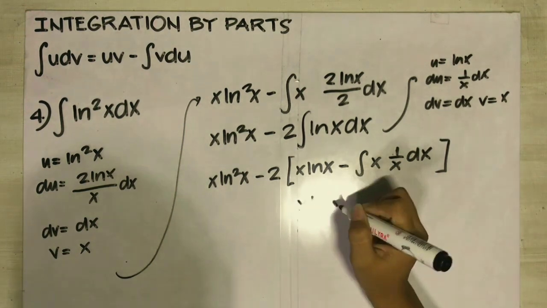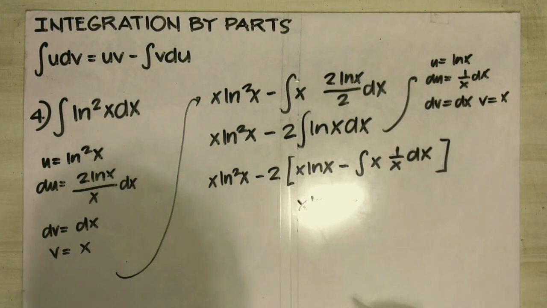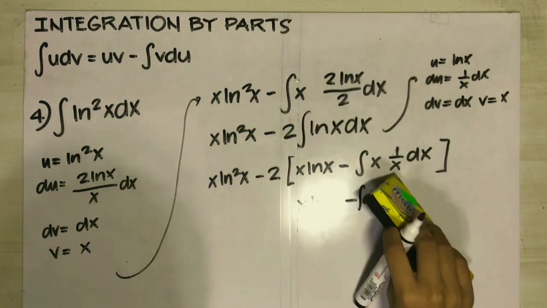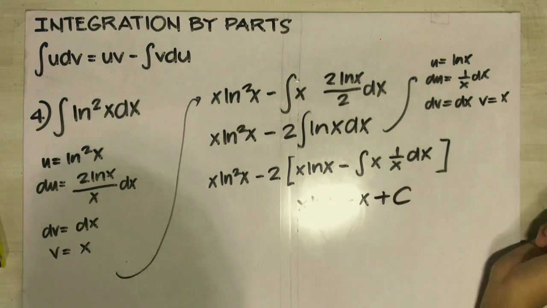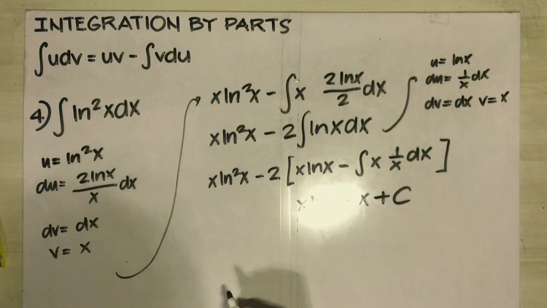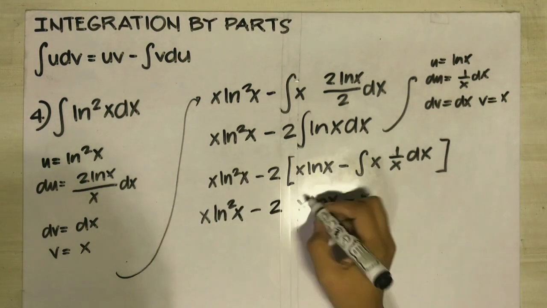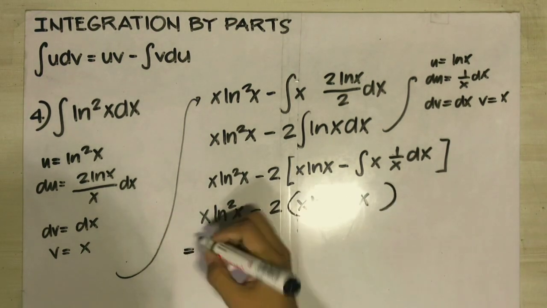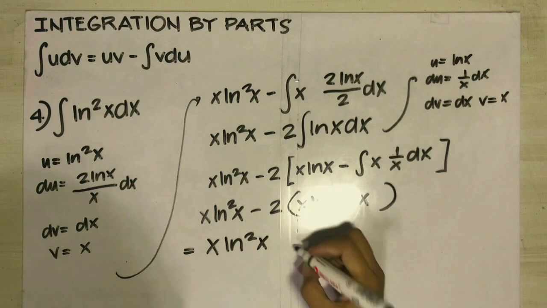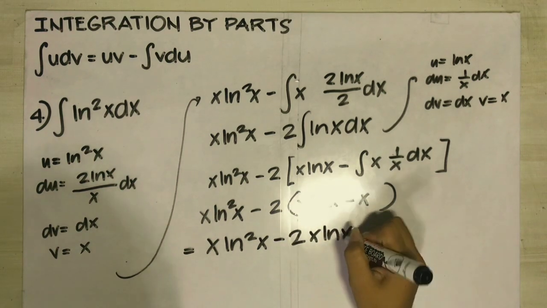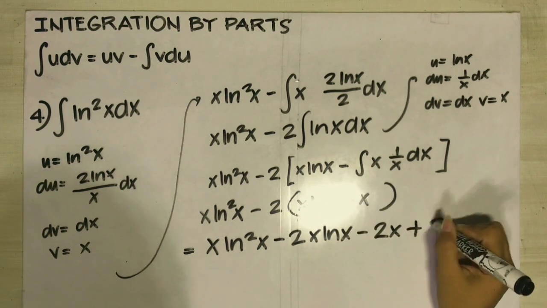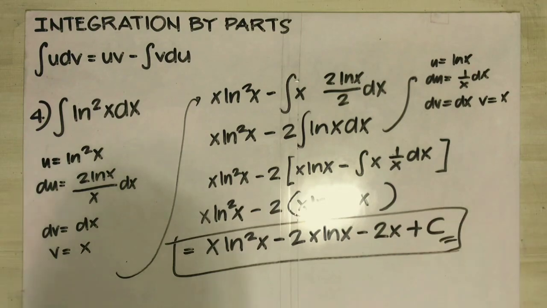So this is equal to x ln x minus x plus c, or x ln squared x minus 2 times x ln x minus x. So our final answer is x ln squared x minus 2x ln x plus 2x plus c.